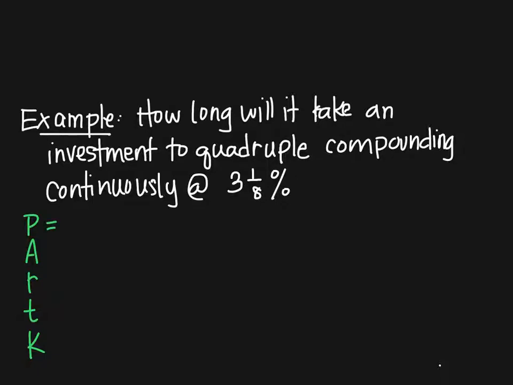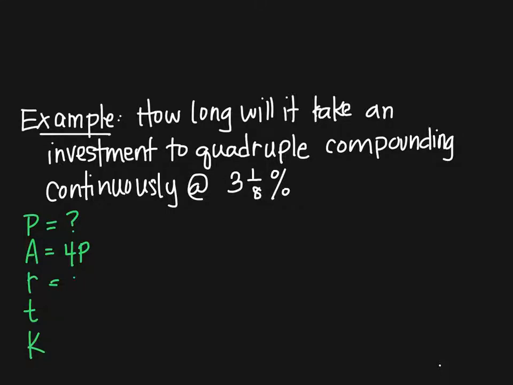What's my P? We don't know. What's my A? 4P. 4P, that's what quadruple means. What's my R? 1/8. We know what 1/4 is, right? What's 1/8?